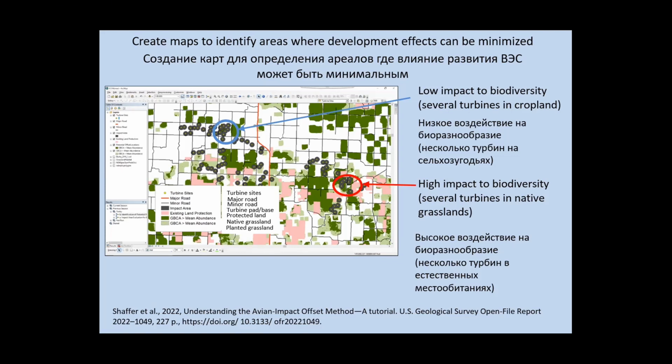If biologists and energy developers wanted a low impact on biodiversity in this area, they would place a cluster of individual turbines in the blue circle. That would have a low impact to biodiversity because it's mostly on cropland, which is already destroyed grassland.